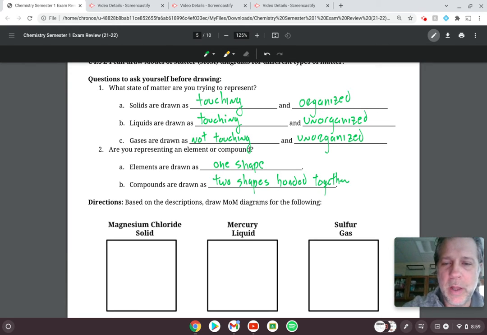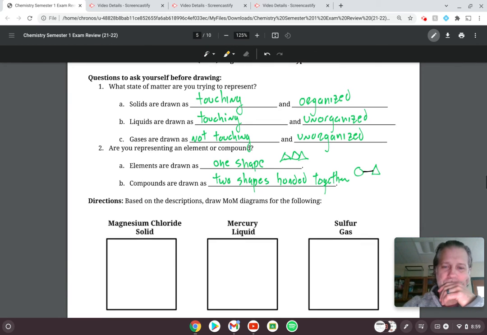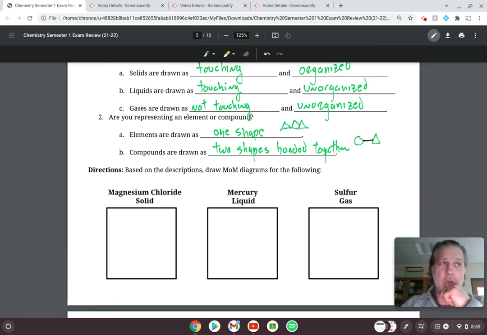So, for example, an element might be a triangle, just one triangle, and it might be a couple of them touching like that, whereas a compound could be something like a circle and a triangle, and it would have a line connecting them.